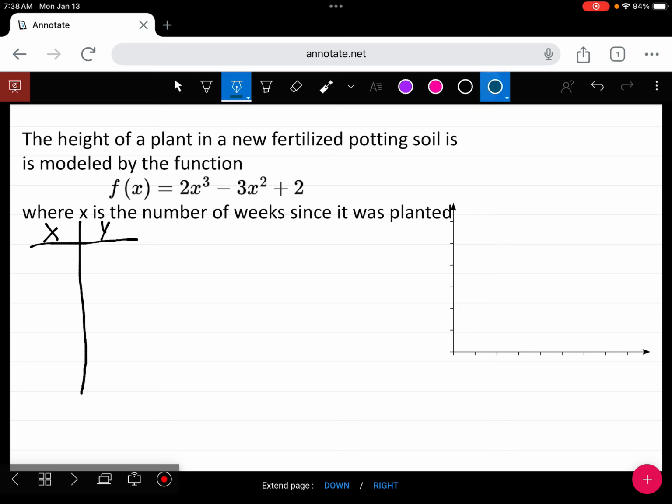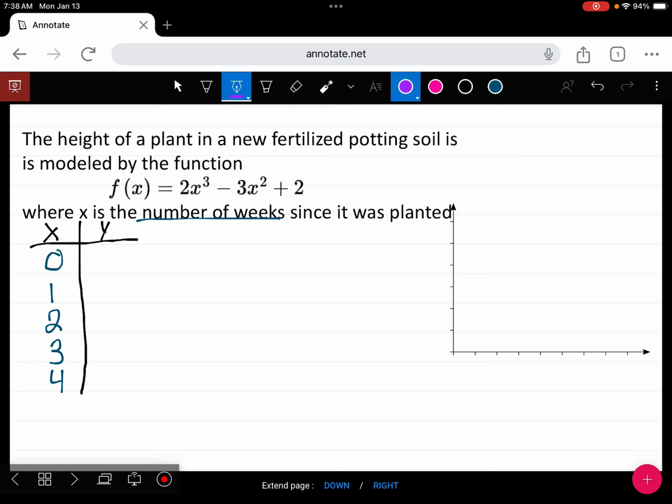What kind of x's should we do for our number of weeks? What should we pick? 0. Good idea to know how big it is when we put it in the ground. 1, 2, 3, 4. Yeah, keep going till we figure out what's going to happen.